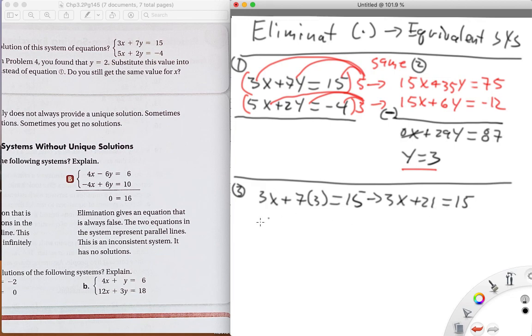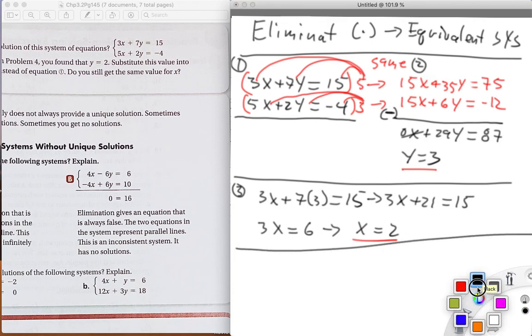Subtract 21 from both sides and I get 3x equals 6 and x equals 2. So my ordered pair for the solution is 2, 3.